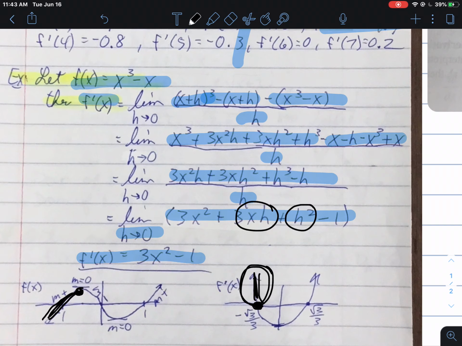The value of the function f prime at that point would be 0. That's really a good observation because that tells me where I have an x-intercept. So when we talk about those horizontal tangents on the graph of our function, graphically, that's going to give me the location of x-intercepts on the graph of f prime. We're always interested in x-intercepts.